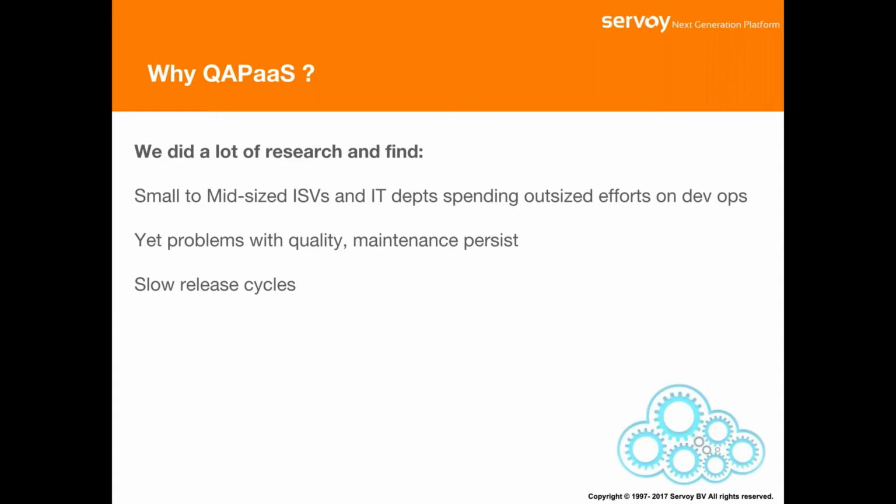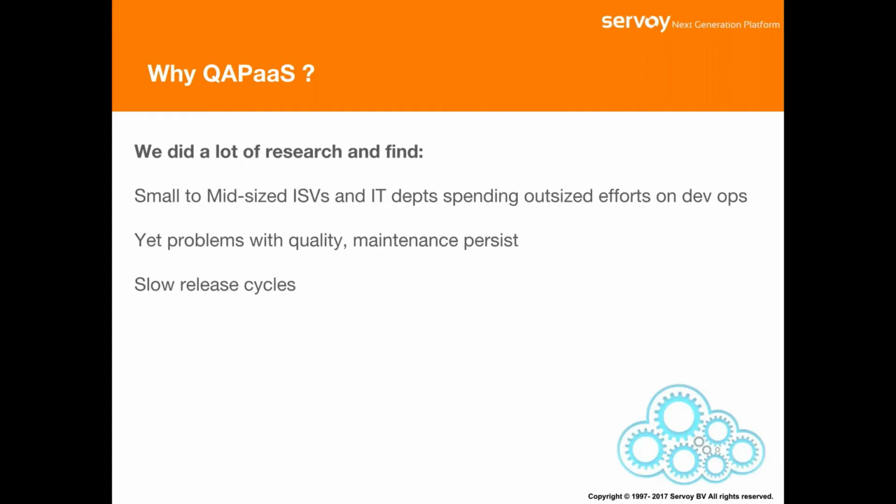So despite a large amount of effort on DevOps, we were still seeing problems persisting with quality, and also really slow release cycles. Instead of releasing new builds once a month, it was twice a year or something like that.